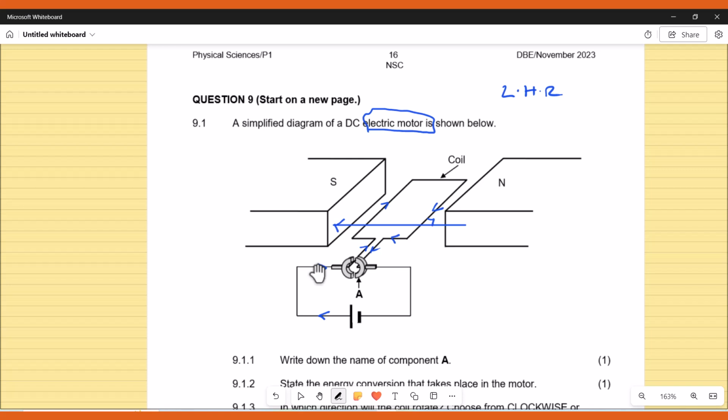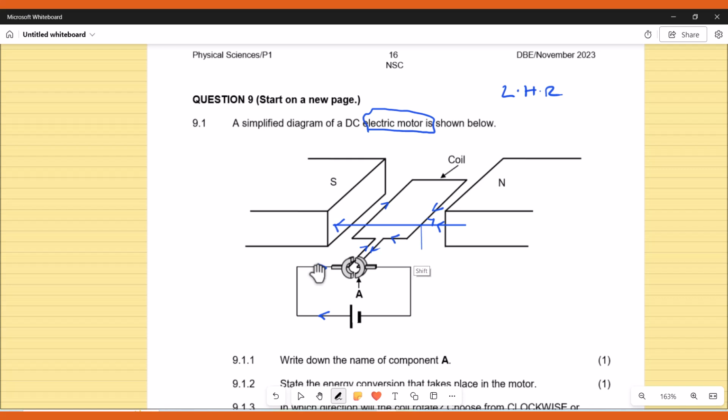Now if you rotate your left hand, you're going to observe that if you want the current to face this way, and the field to face like this, then as you rotate your fingers, the thumb, which shows the rotation of the coil, is going to be facing down like this.